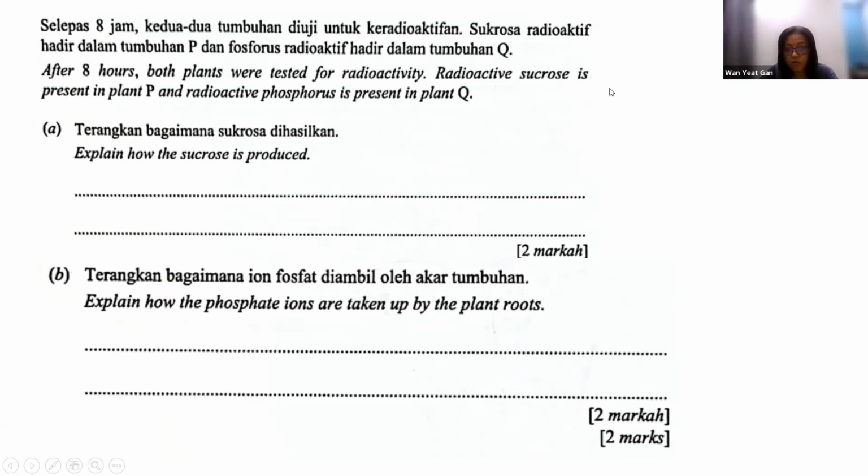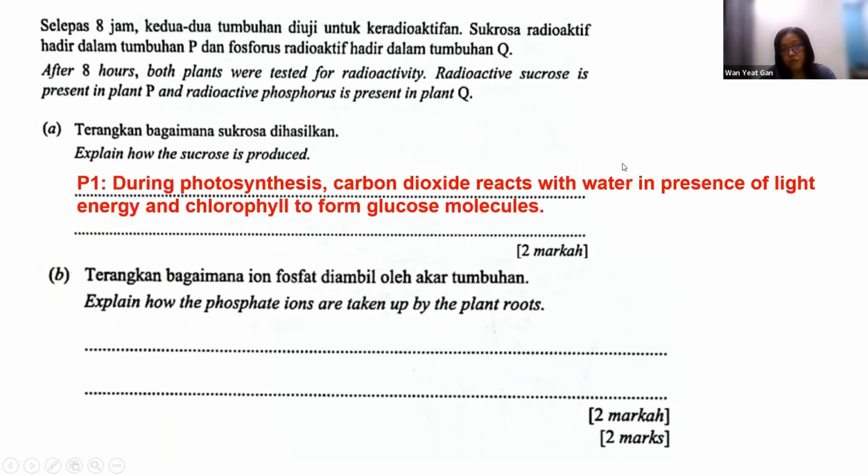Explain how the sucrose is produced. Sucrose is produced during photosynthesis, whereby carbon dioxide reacts with water in the presence of light and chlorophyll to form glucose molecules. Glucose will then form sucrose. So the initial sugar that is formed is glucose, which will then be converted into sucrose.